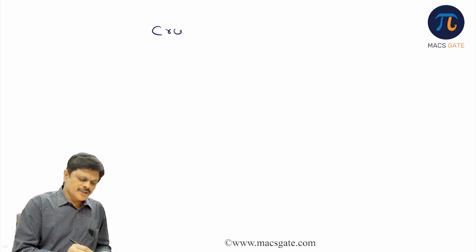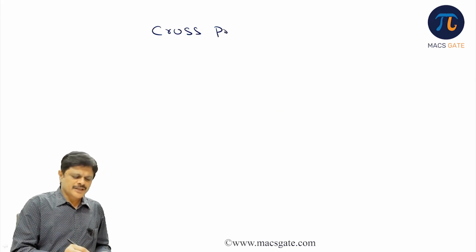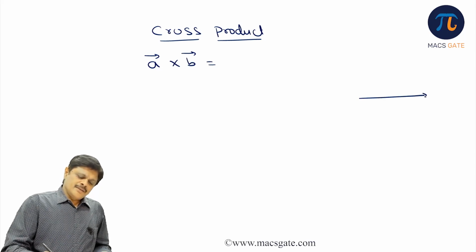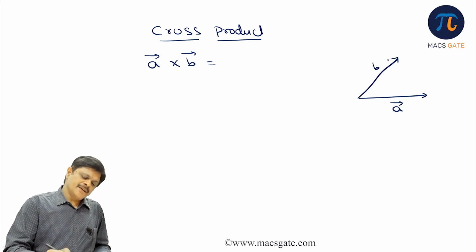Clear? Now let us see the definition for cross product. The cross product of two vectors. So A is a vector and B is another vector. This is vector A and this is vector B. This is the angle between the two vectors, theta.